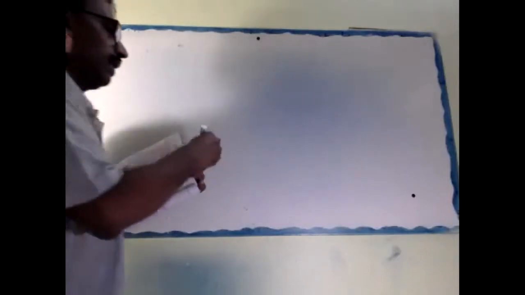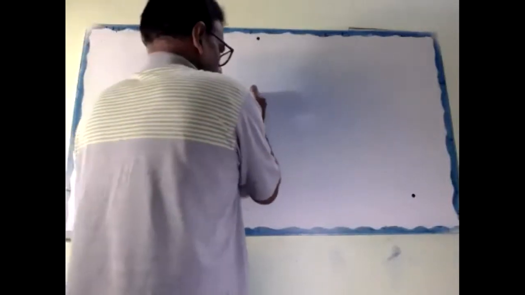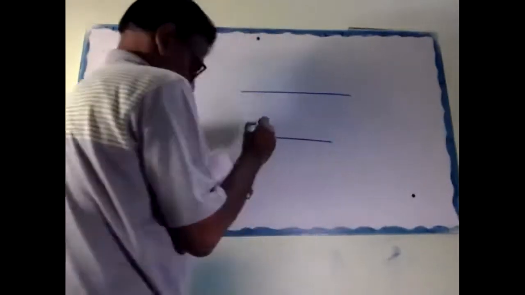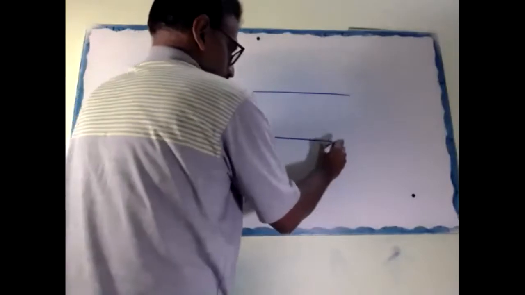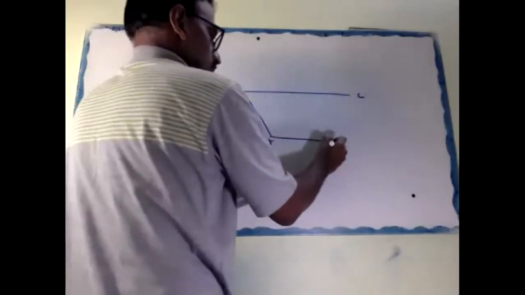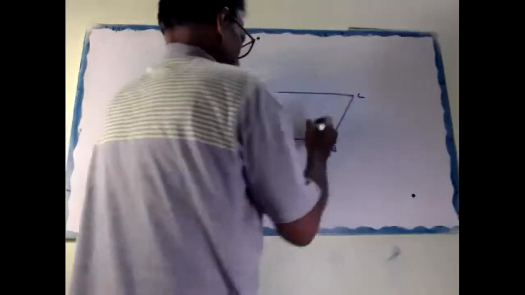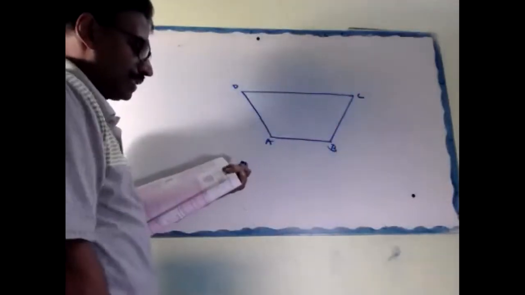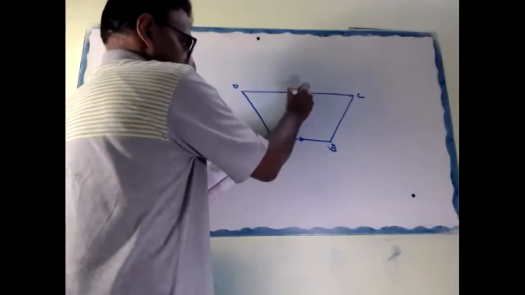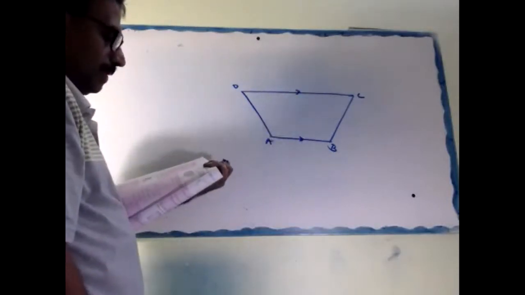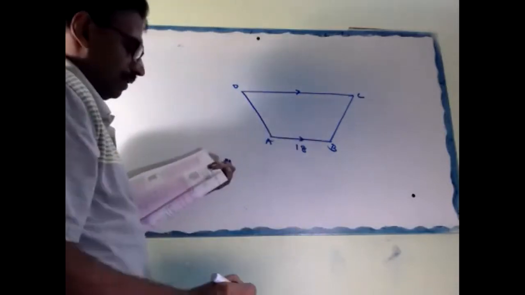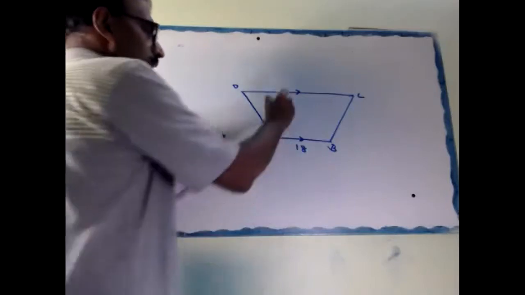AB is 18 centimeter, DC is 32 centimeter.